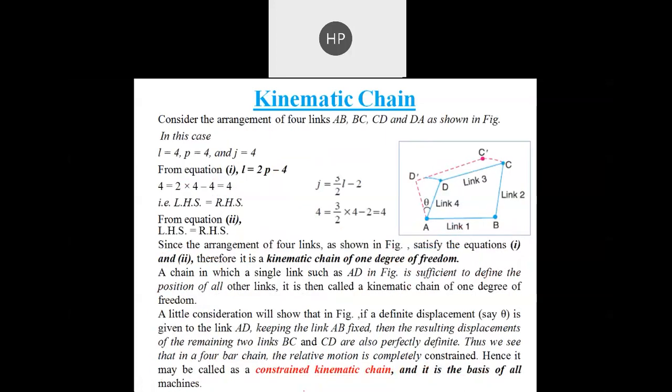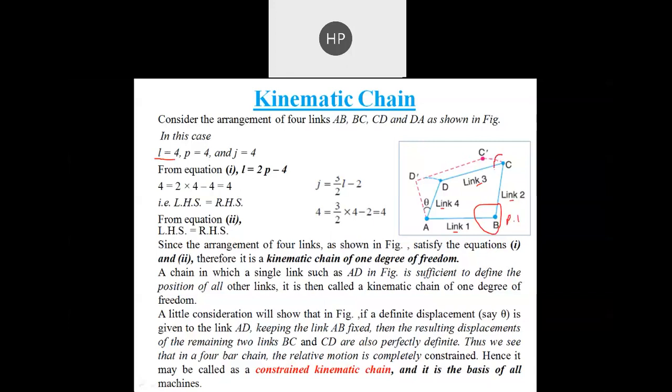Then we take the second example over here. In this case, we have link 1, link 2, link 3, and link 4. So L is equal to 4. Now pairs. Link 1 and link 2 are connected, so this is pair 1.